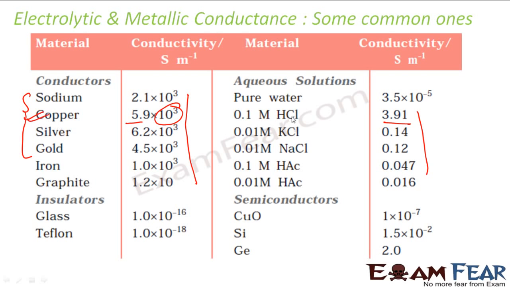Also, if you see the conductivity of the solution depends on the molarity. For example, in both cases you have HAc as the aqueous solution, but the molarity is different, the concentration is different, and they have different conductivity.